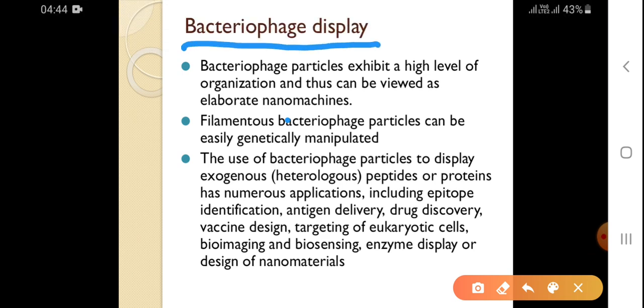Now bacteriophage display. The bacteriophage particles, as you know, exhibit a high level of organization. They have highly organized genes, and they follow a pattern of replication and assembly. The major characteristic feature of a bacteriophage which is useful for nanobiotechnology is self-assembly, right? So they assemble themselves.